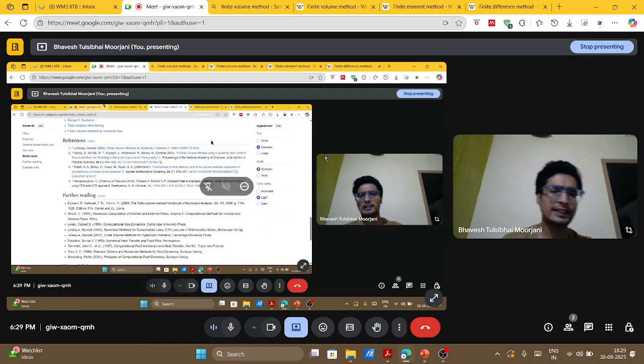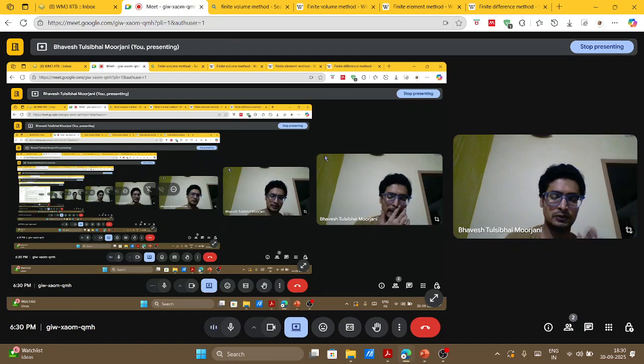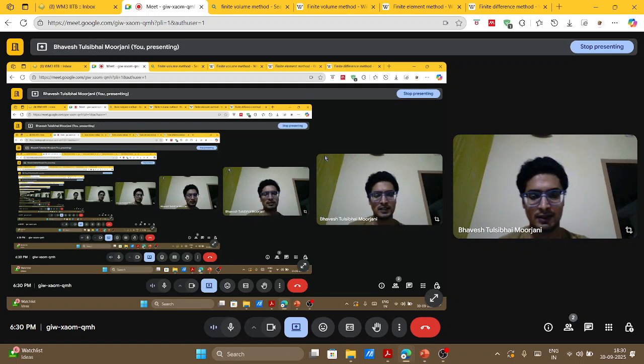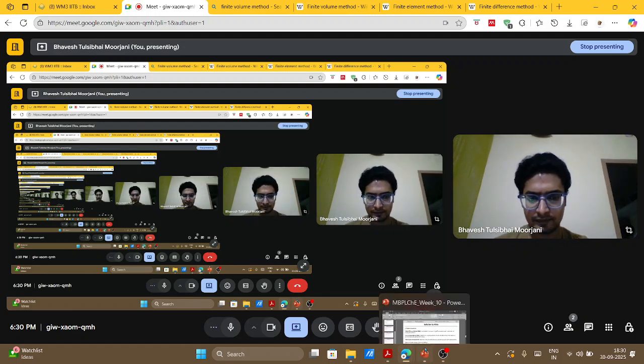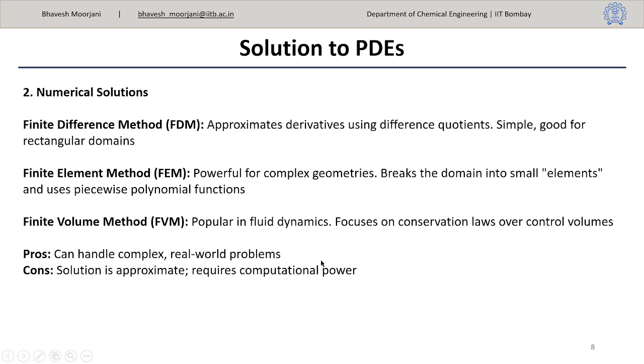So the common idea in all these methods is that you discretize your system into multiple points, and then solve equations of your system at these points, right? With this you can handle the complex, real world problems, which are generally of higher order, right? But the con is that the solution is approximate, and depending upon the accuracy you want and the kind of problem you are solving, you might require higher computational power.